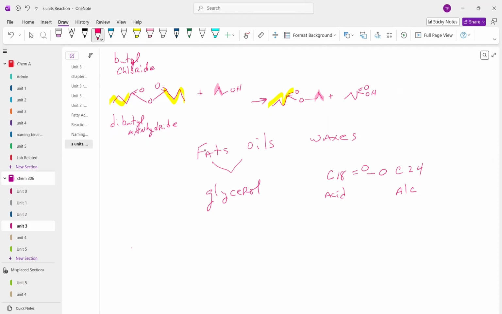And let's make that to a 24 carbon alcohol.